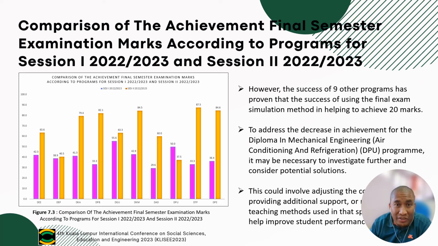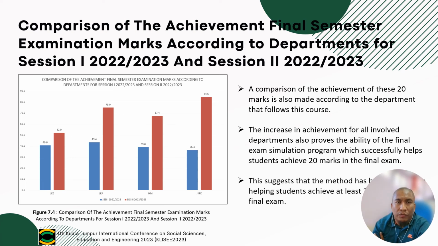To address the decrease in achievement for the diploma in mechanical engineering, air conditioning and refrigeration program, it may be necessary to investigate further and consider potential solutions. This could involve adjusting the course schedule, providing additional support, or re-evaluating the teaching method used in that specific program to help improve student performance.